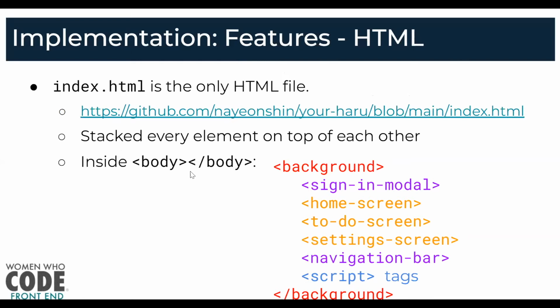So inside the body tag, there's this background, and there's the sign-in modal, home screen, to-do screen, settings screen, navigation bar, and at the end, I inserted script tags, and I closed the background tag. Not background tag because it's actually a div, but I just wanted to make it look like HTML tags.